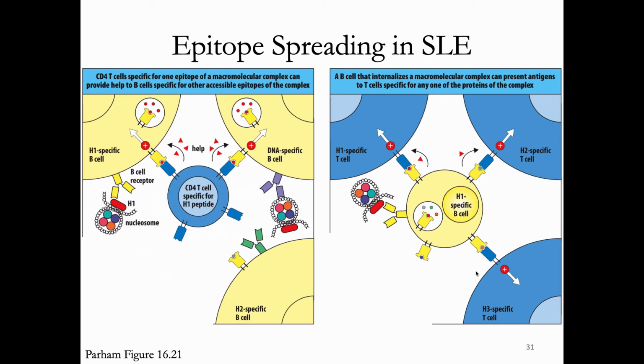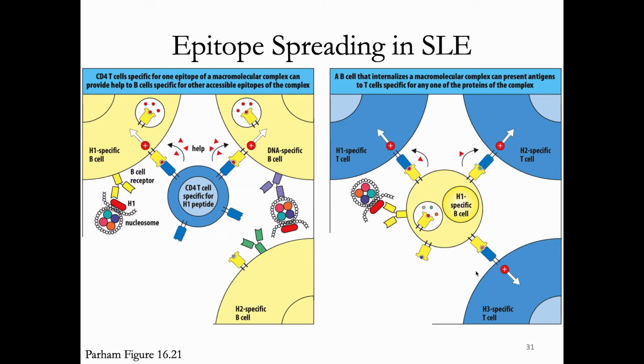Whereas we might have a cell die, it might turn on a B cell, say, responding to histone H1 that can present some histone H1 antigens to this T cell. But that B cell is probably not going to internalize histone H1 alone.